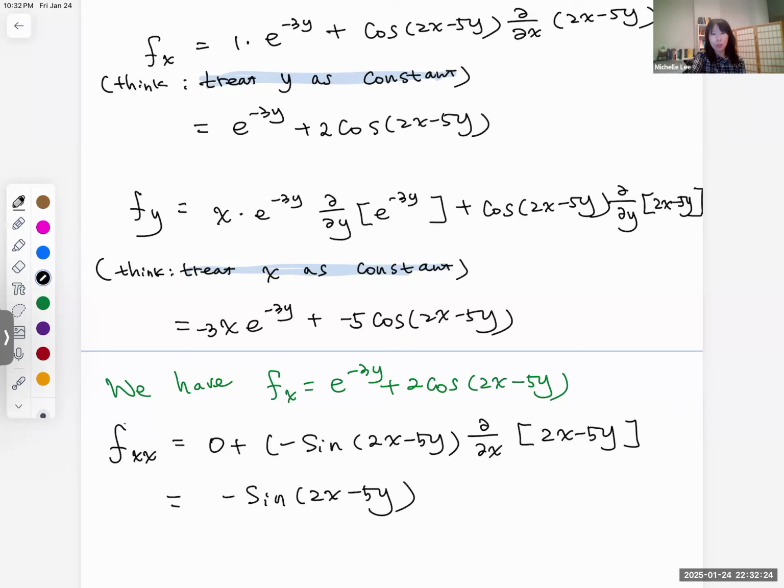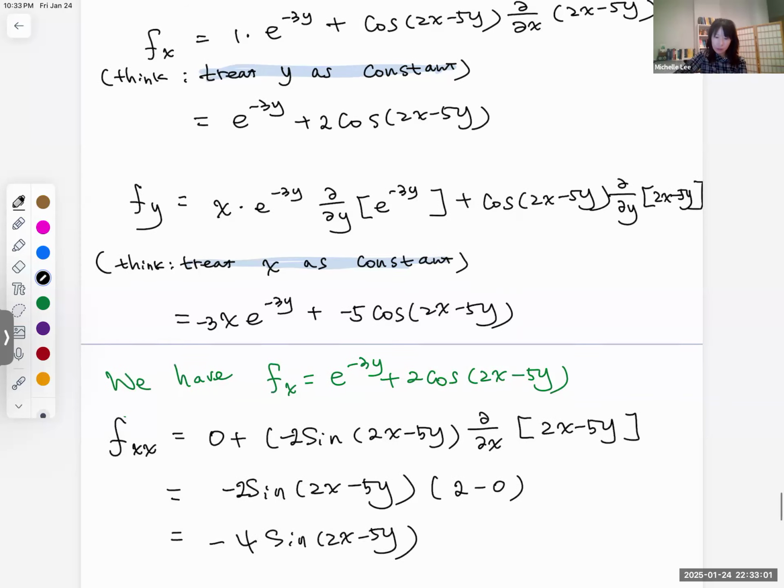You may write down 0, but you are okay, so let me write 2 minus 0. So there will be 2 then negative 2. Hold on one second, I'm missing a 2 there. Sorry about that, 2 times 2. So we have negative 4 sine of 2x minus 5y.